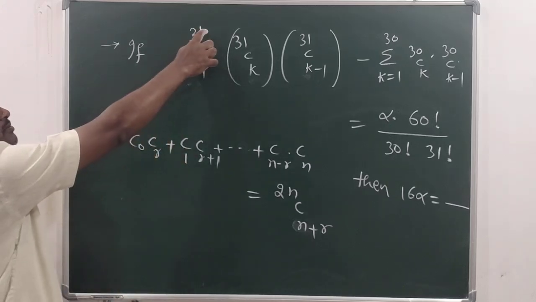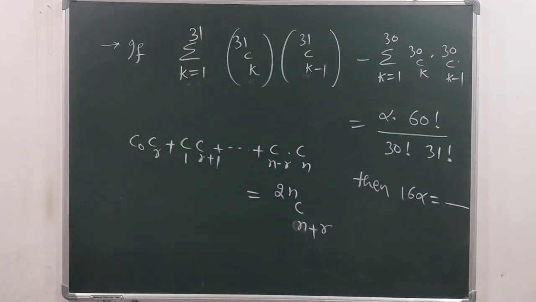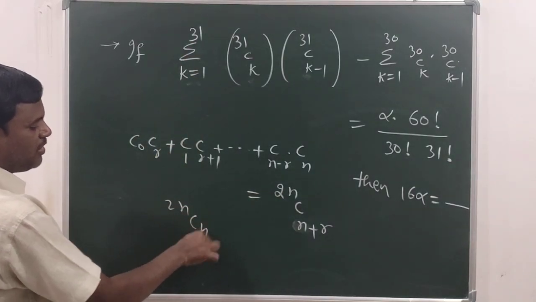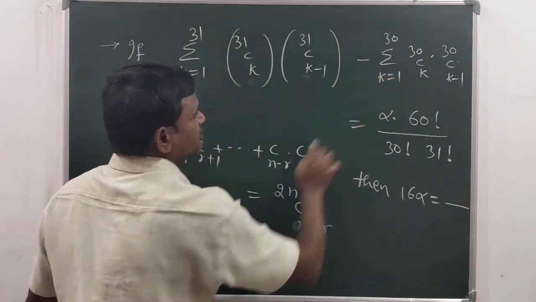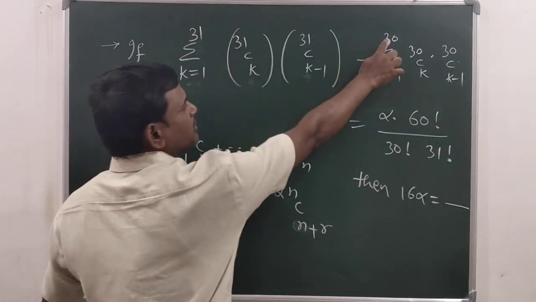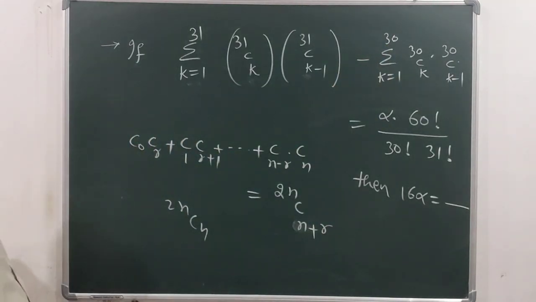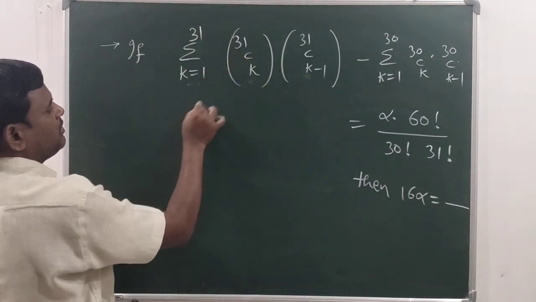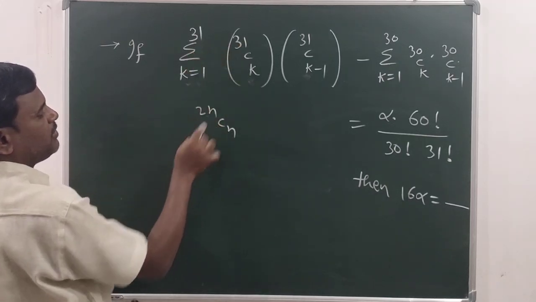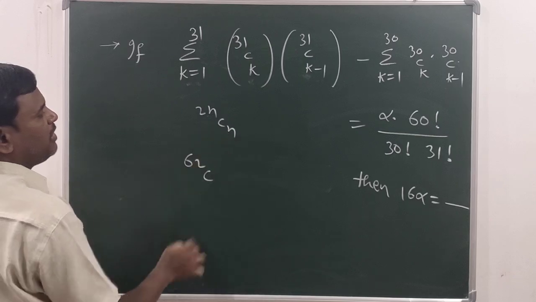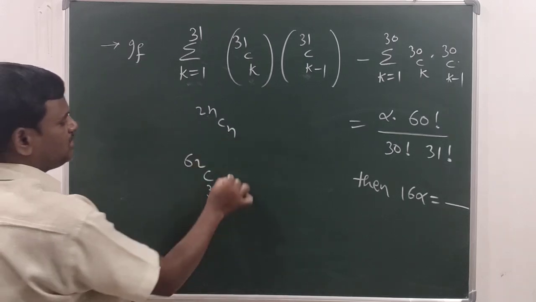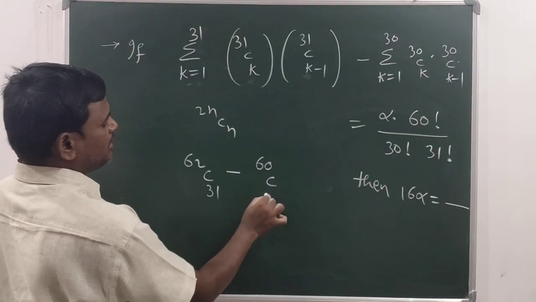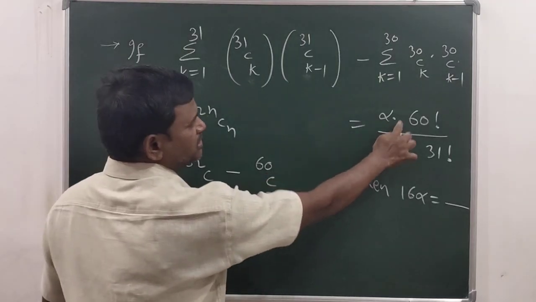Apply this formula for the left side. If you apply this 2nCn formula for this, n value is 31, 2 times 31 is 62, and for n value 30, so there 60C30. The difference of these two is equal to this much given.